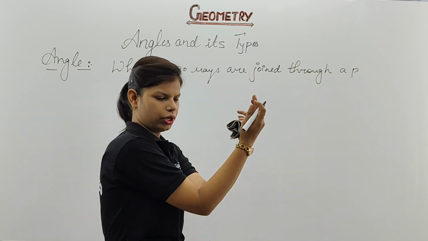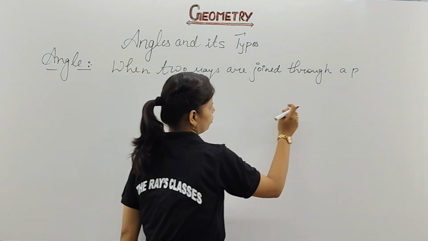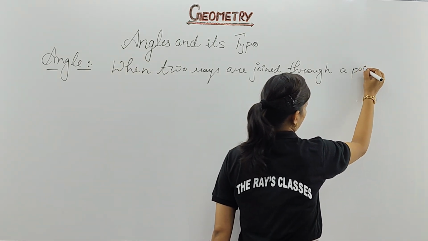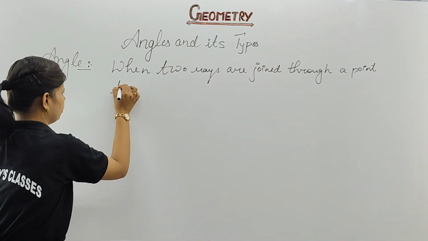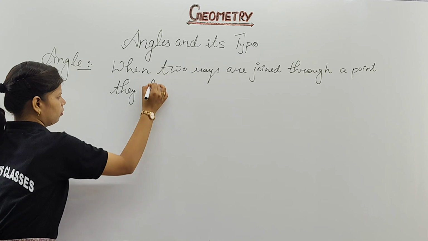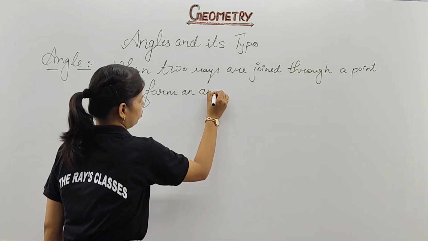When they both join together in between, they form an angle. When two rays are joined together through a point, they form an angle. Clear, no?